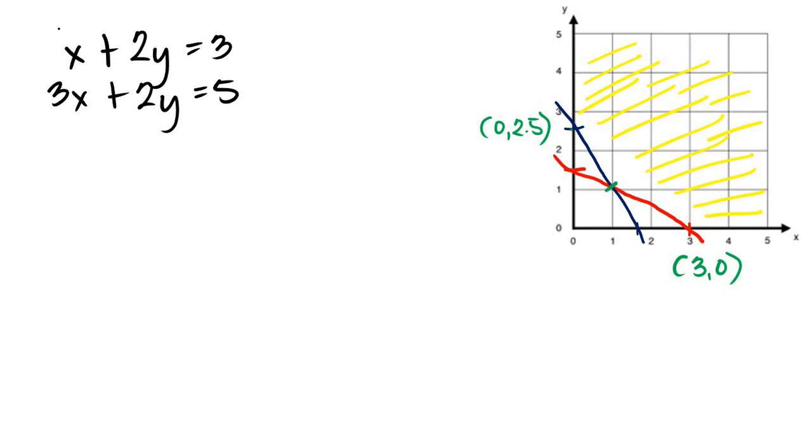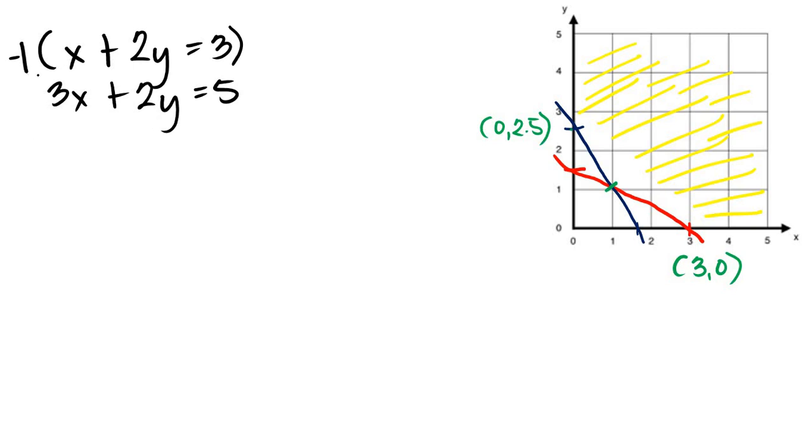For this example, it would be easy if we cancel 2y since they have the same numerical value. So I'm going to multiply the first equation by negative 1, so it would be easier for us to cancel negative 2y and positive 2y.